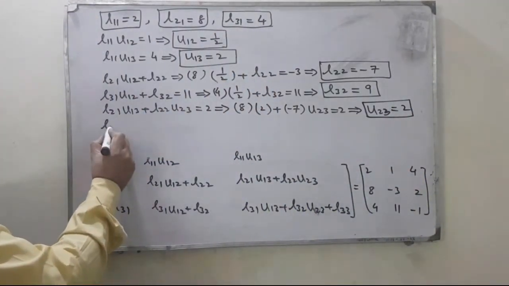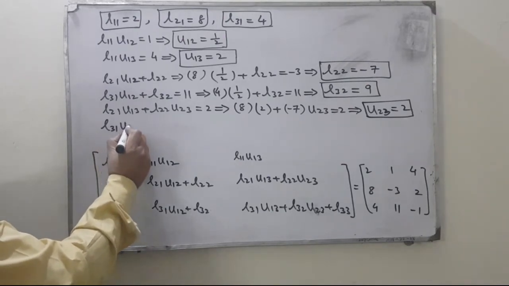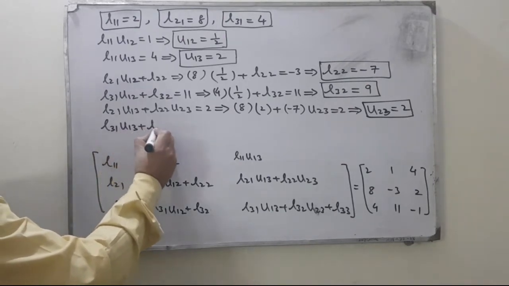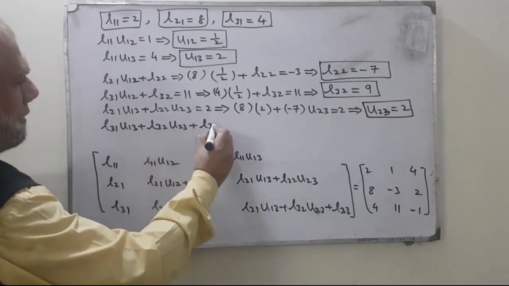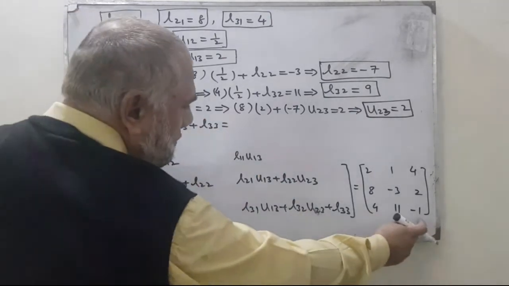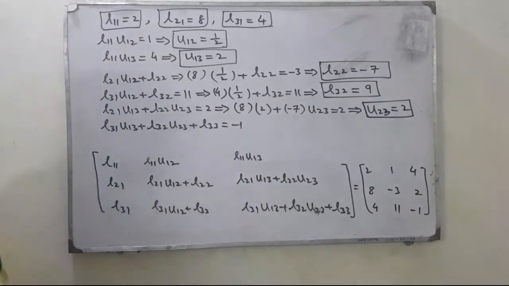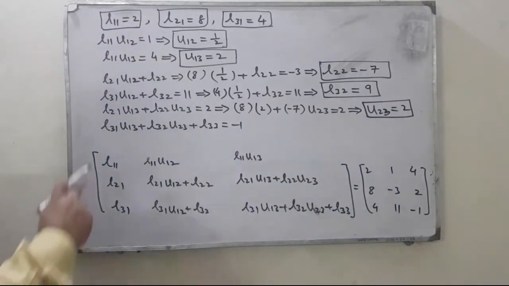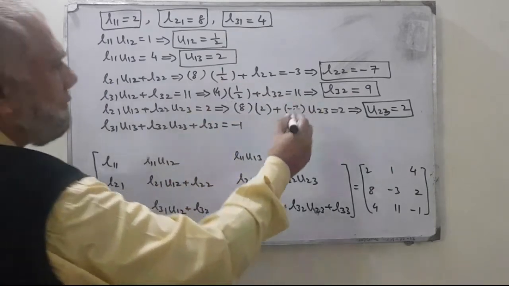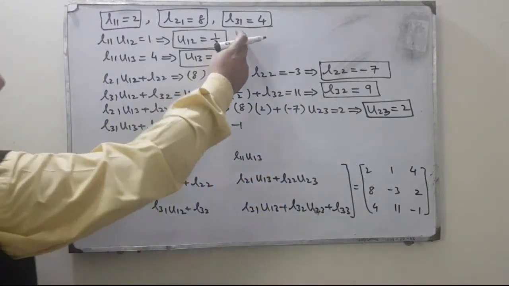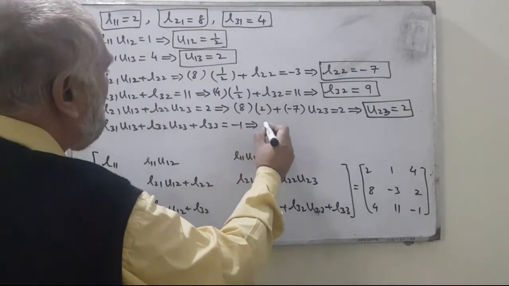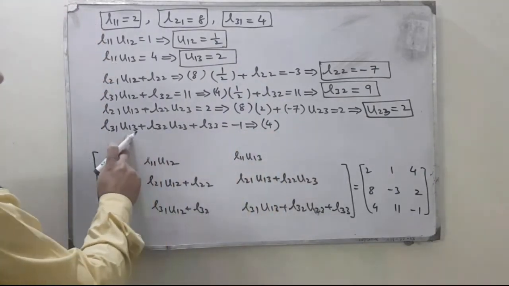Now we use the last entry: L31 U13 + L32 U23 + L33, and the net result is equal to -1. Okay, now we put in the values. L31 is where? L31 is over here. This gives you 4.